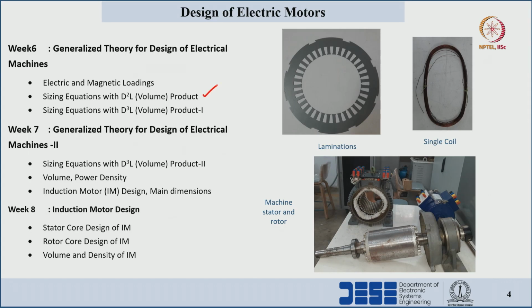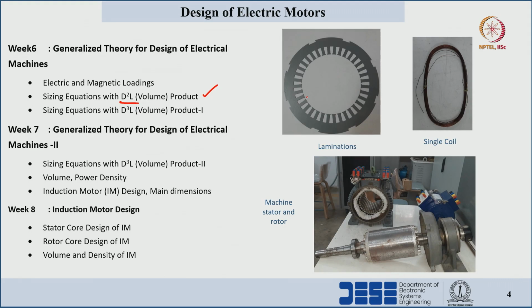How to select the volume product for a given application, for a given torque or for a given power, how to select the volume of the machine, and then type of a rotor or type of a stator, and laminations data, and magnetic flux densities at various parts of iron, and electric loading with respect to the surface current density. All those things we will discuss in detail. To find the sizing equations, we will see here the D square L volume product equation.